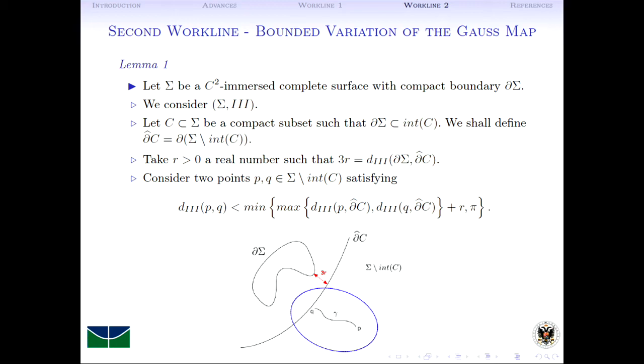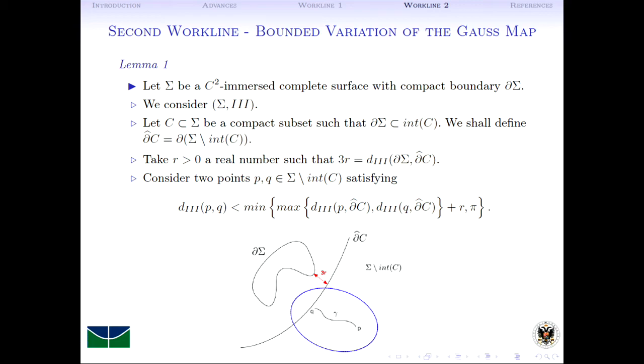Well, we are going to present quickly two technical results. This first result says that using the Efimov technique, we can join two points out of a compact set containing the compact boundary within, adjusting these distances and having a nice area to work.